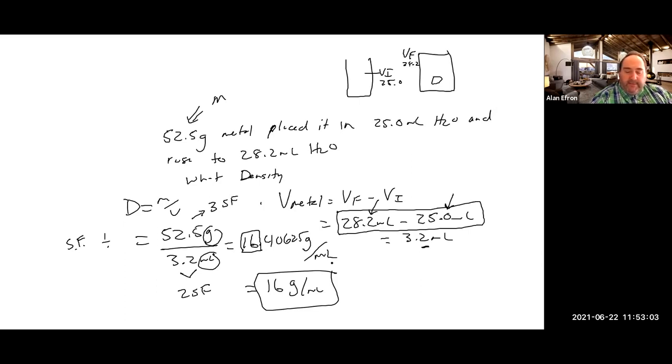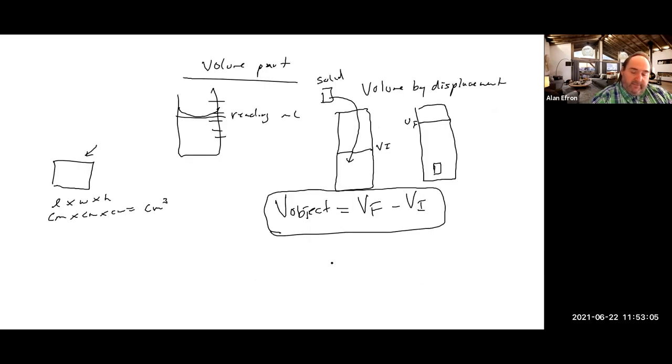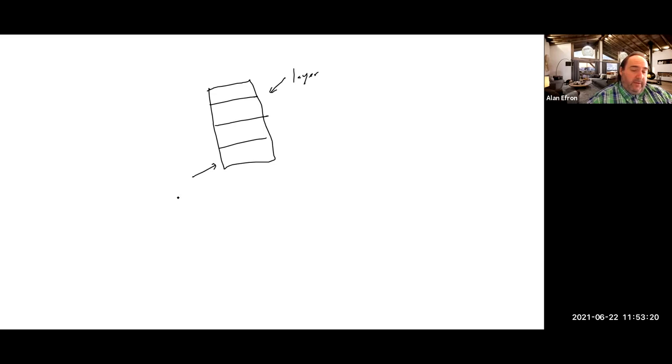Now, one last thing about density. If we put different liquids with different densities into a test tube, we would see this sort of layering occurring, where the bottom layer would be the most dense. The top layer would be the least dense.